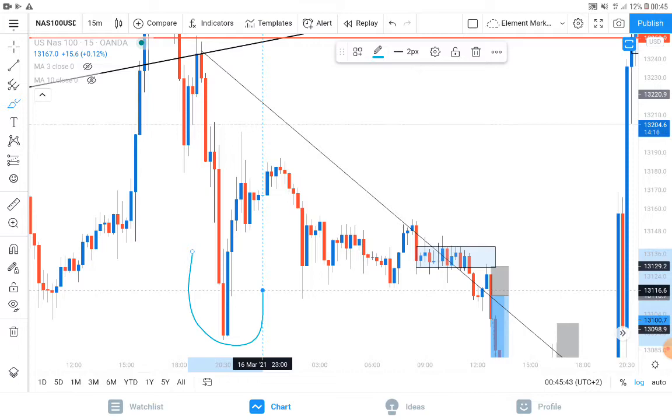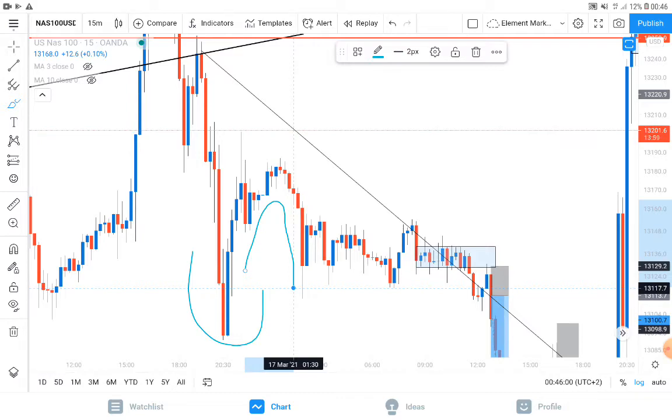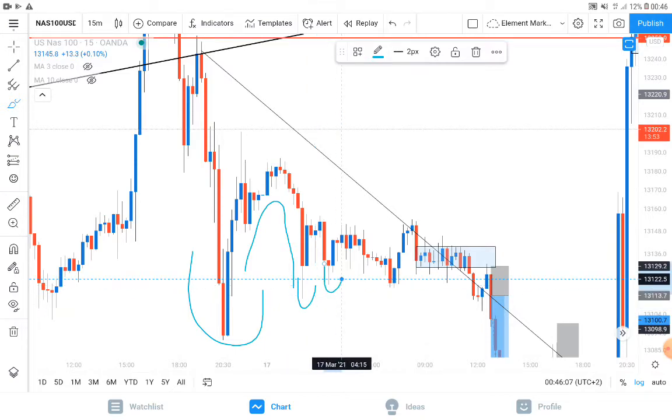This would be a wick rejection, and it's on the support as well, so we're expecting a big move up. Then it came down all the way here and created a higher low formation, sorry, I got that one wrong, and it created another little rejection here. So now we're pretty confident, okay, market's going up.